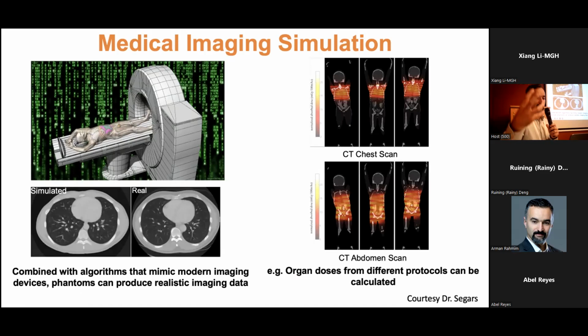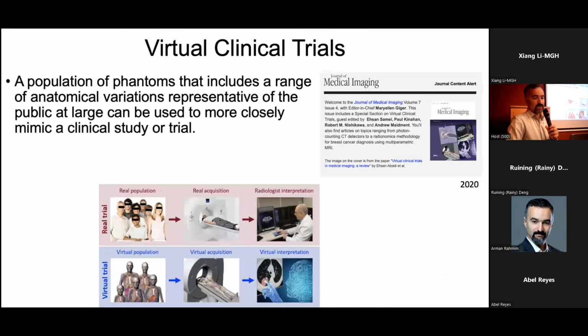So you could have a virtual scanner, a virtual patient, and even a virtual observer to narrow down the list of protocols you want to use, and then finally you present a few of those protocols to clinicians or radiologists, and they're going to pick one of them. So this idea of virtual clinical trials has been mentioned, right? These three things, where you have a virtual population, virtual scanner and acquisition, and a virtual interpretation, narrow things down significantly.